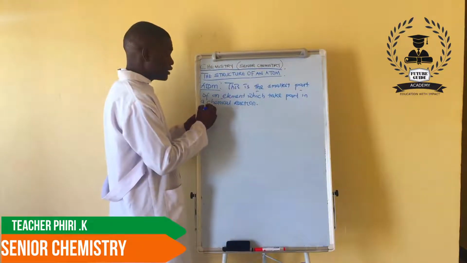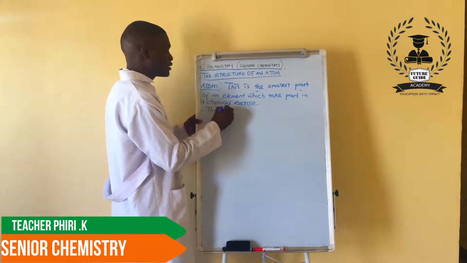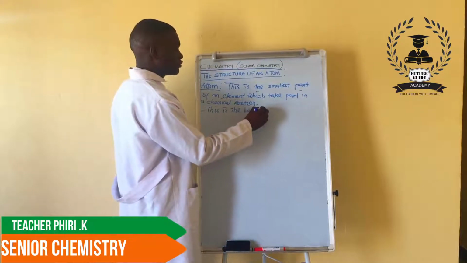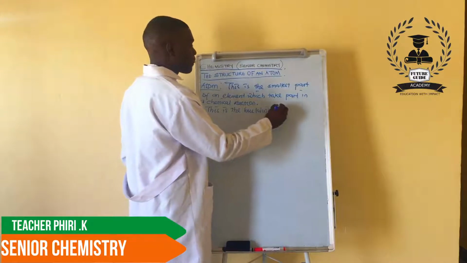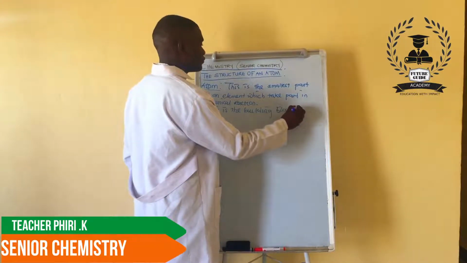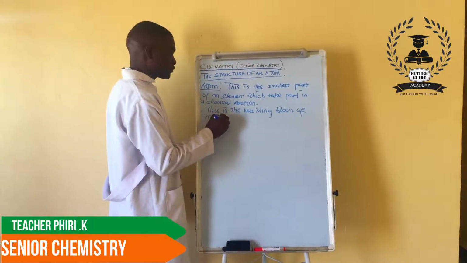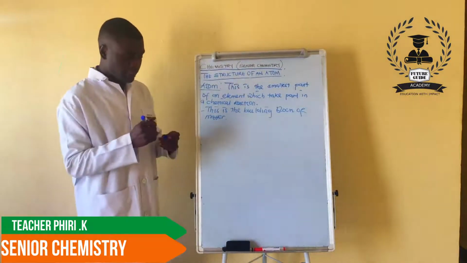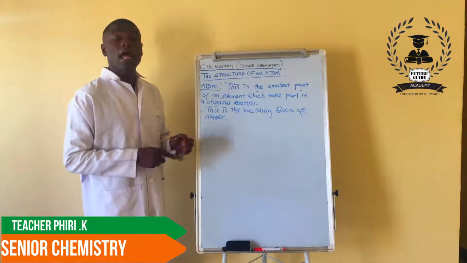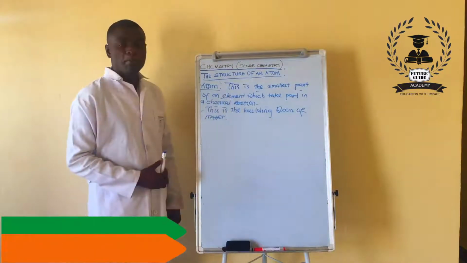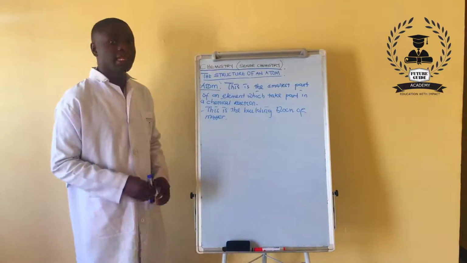We also say this is the building block of what? Matter. So those are the major definitions of an atom. Whenever we are talking about an atom, we are talking about a part of an element.